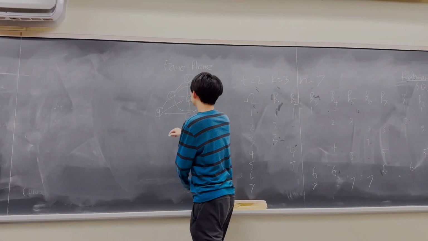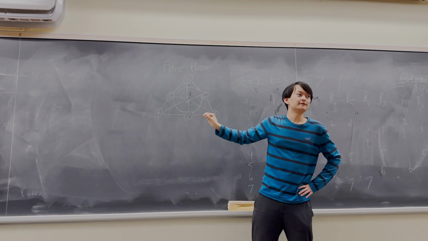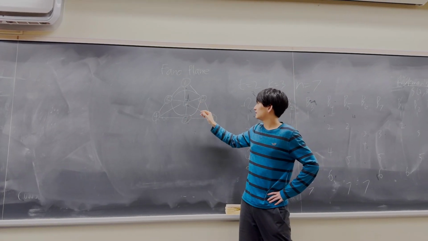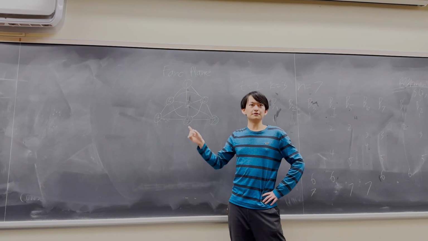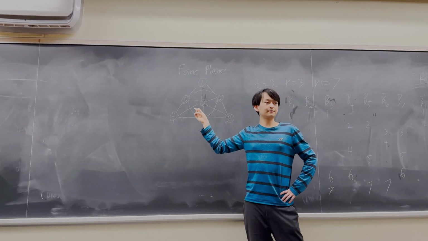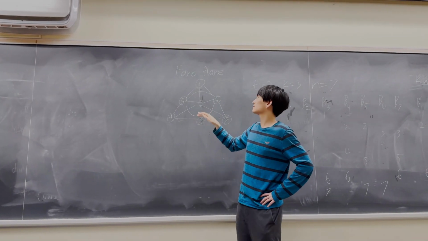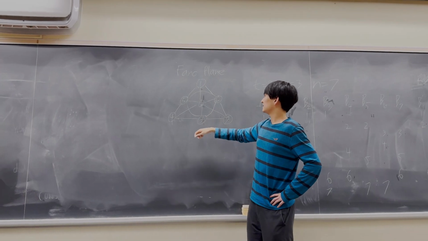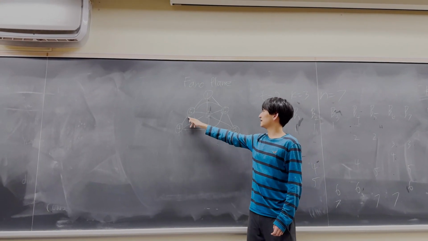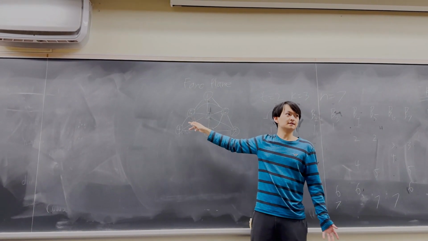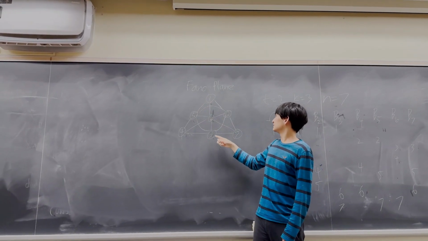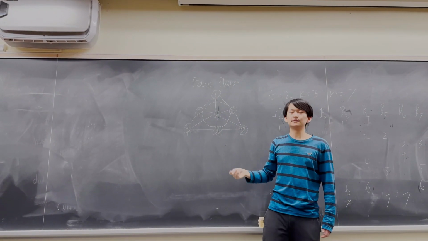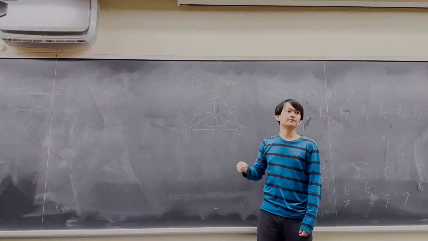Now, the magic of the Fano plane is that if I gave you any 2 numbers, those 2 numbers will either form a line on this plane or a circle. So, for instance, if I gave you the numbers 4 and 5, what is the block that contains 4 and 5? It is 4, 5, and 1. If I gave you the numbers 3 and 2, what is the block that contains those 2 numbers? It's 3, 2, 1.